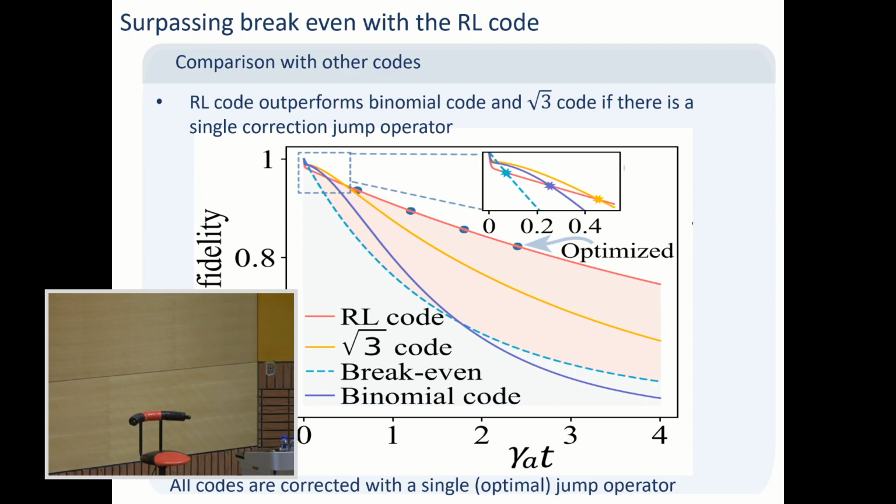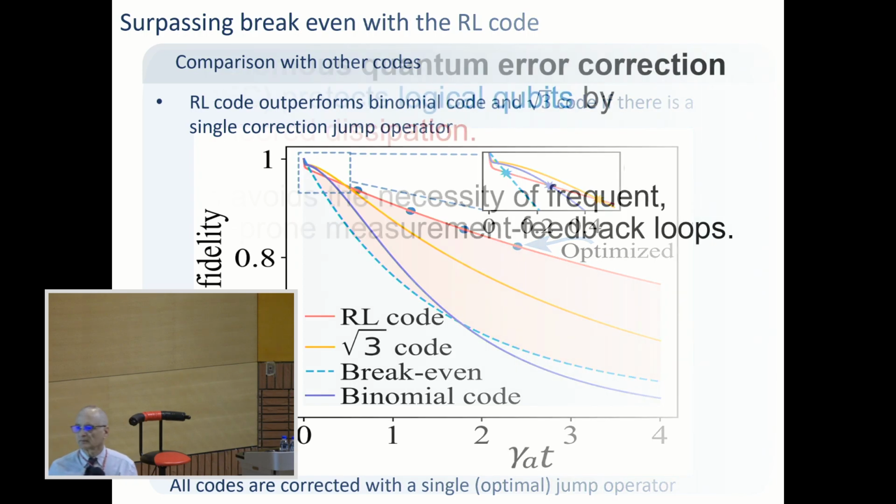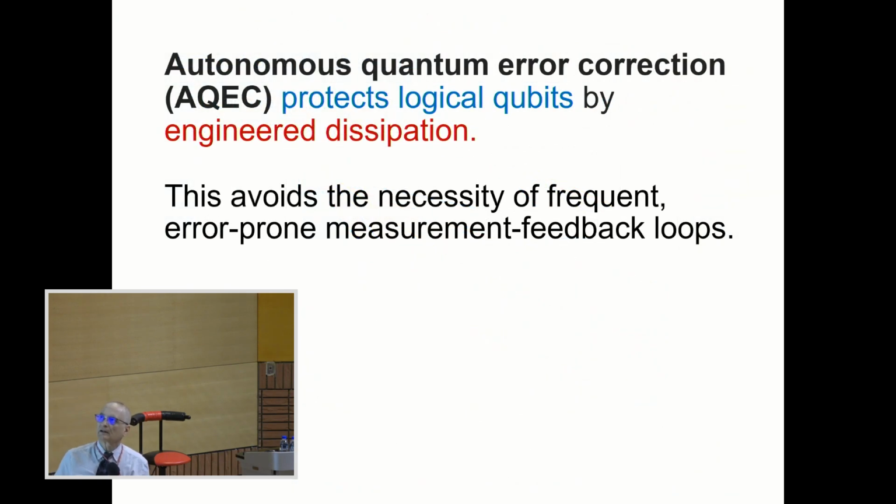So people found that this, what we call the RL code, outperforms the binomial code if there is a single correction jump operator. This is a technical thing, but the main idea is to protect the logical qubits by engineering dissipation. And we do this to avoid the necessity of frequent, error-prone measurement feedback loops.